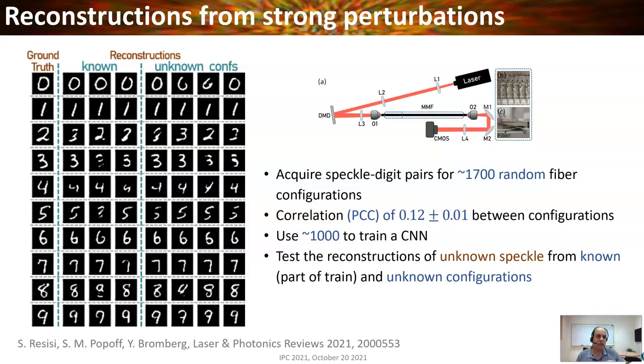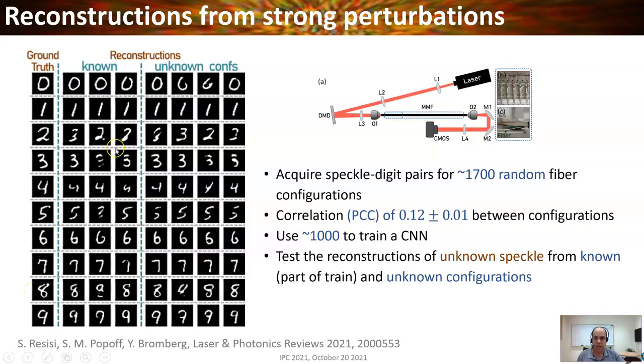We use some of the configurations to train the neural network, while the others remain unknown to the network. Once we finish training, we test the model on unfamiliar speckle patterns from known and unknown configurations and look at the reconstructions it produced, like the one in this figure. The fidelity is not as good as before for a single configuration, but most images are quite similar to the ground truth.